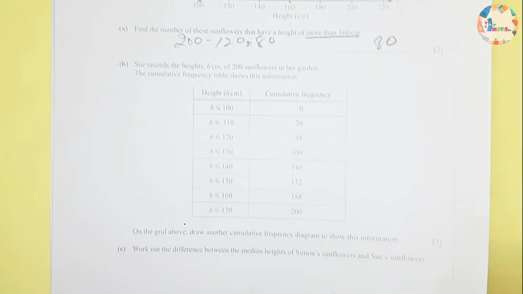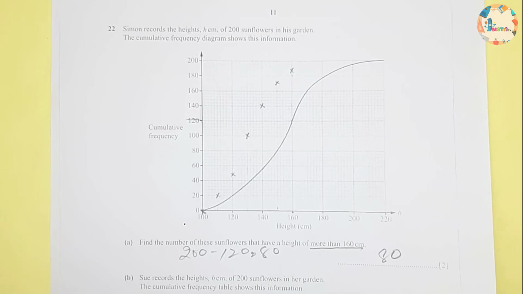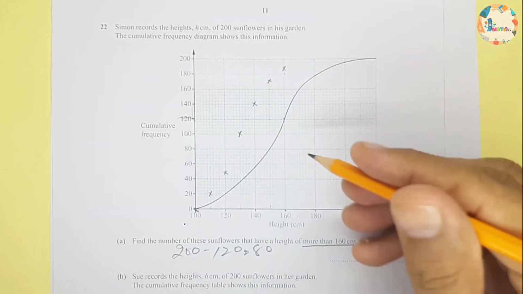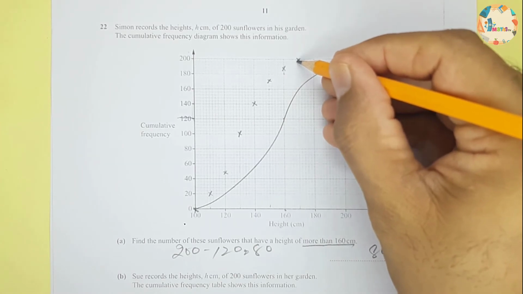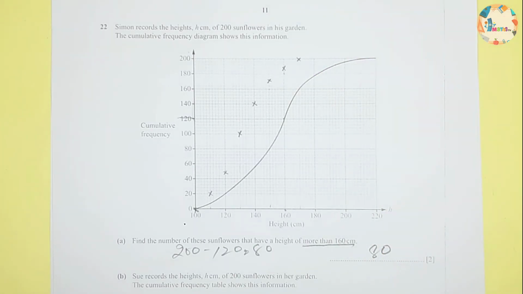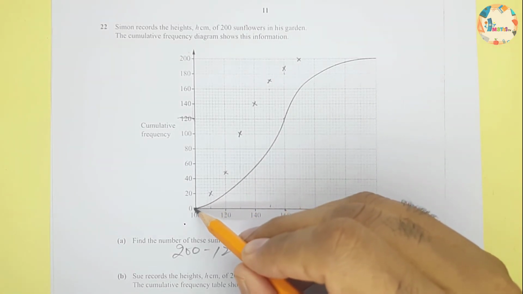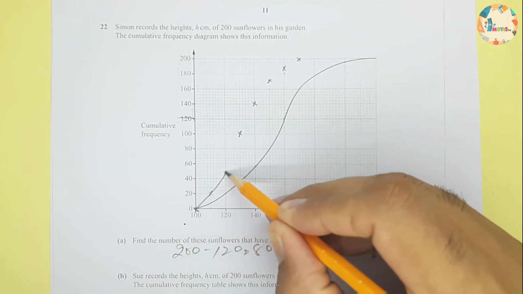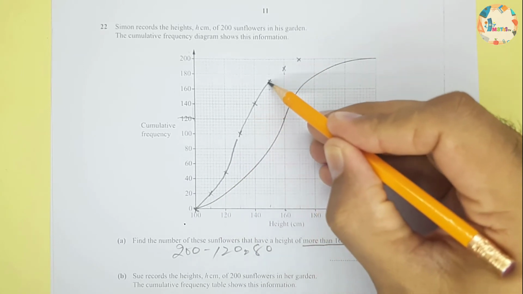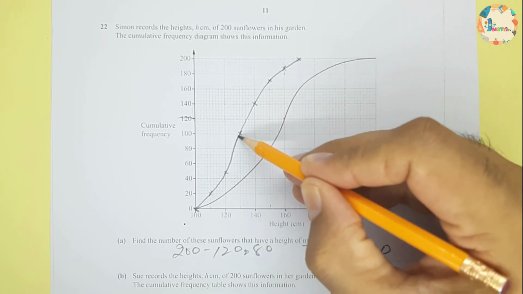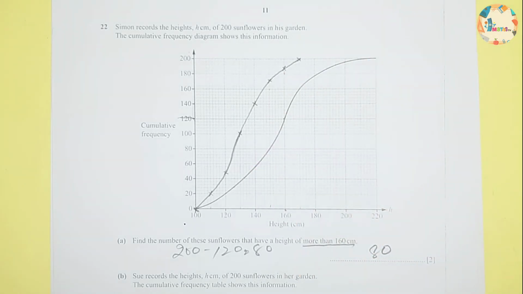Then less than or equal to 170 is 200, which is this one. So we can draw a curve like this one. A smoother curve will be required. So this is basically the curve which we have drawn.